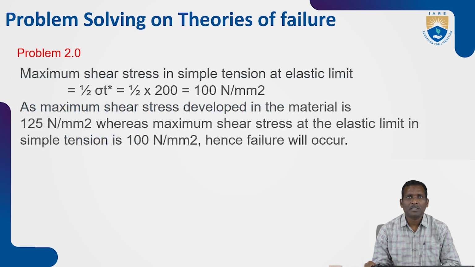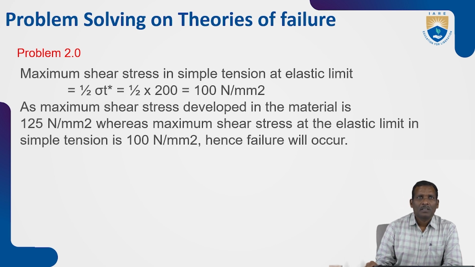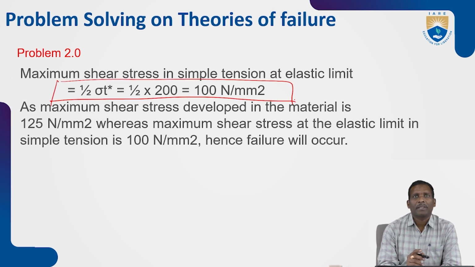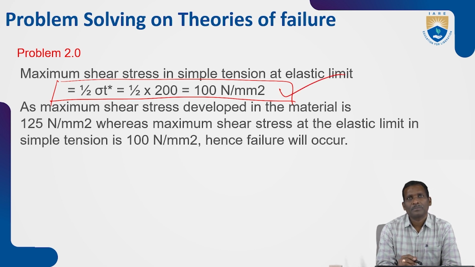Now the maximum shear stress in simple tension at the elastic limit: what is the condition? Half of sigma t, that is 200 upon 2, gives 100 Newton per mm square.